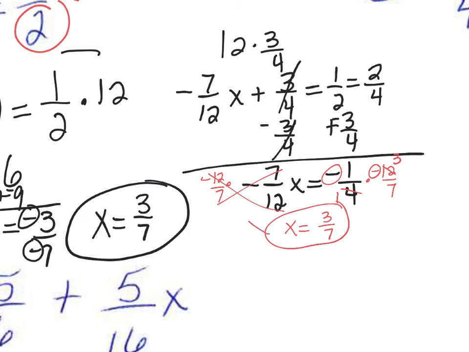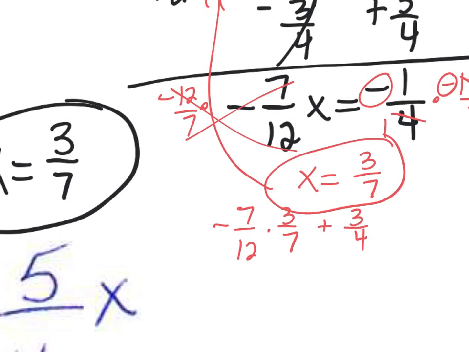Okay, so when you check it, you can put it right back up in there. Negative 7 over 12 times 3/7 plus 3/4. I want it to be 1/2. Well, 7s are going to cancel. That's a 1. That's a 1. 3 is going to cancel into 12.